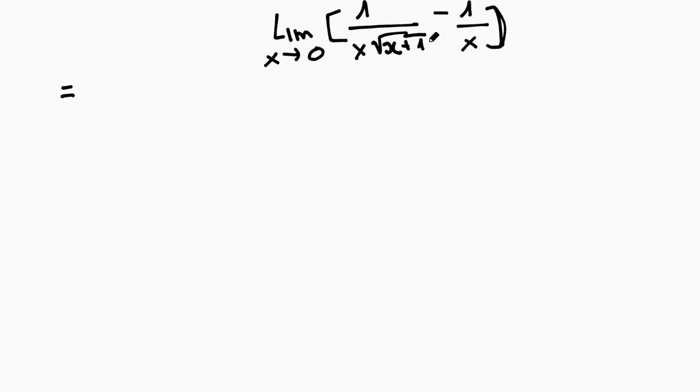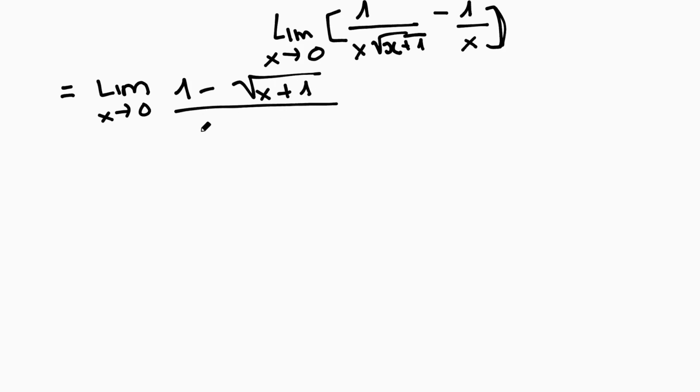It is just too complex, and I'll have to somehow manage to combine them into just one fraction. And in order to do so, I'll have to just subtract them. Just that. And it's going to be 1 minus square root of x plus 1 over x times square root of x plus 1.